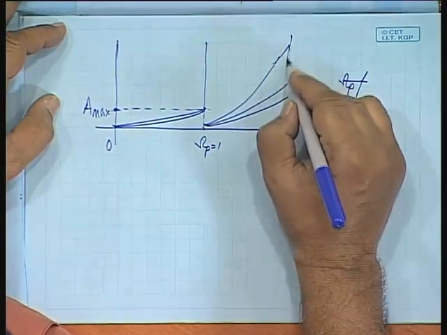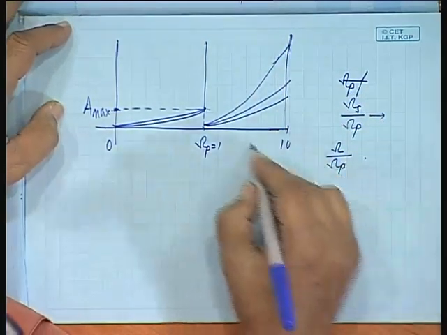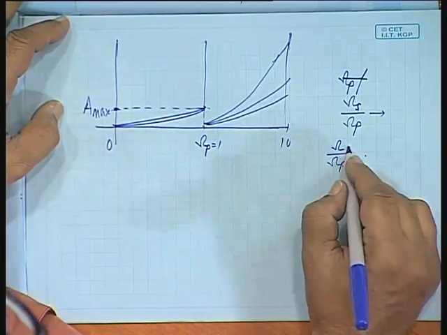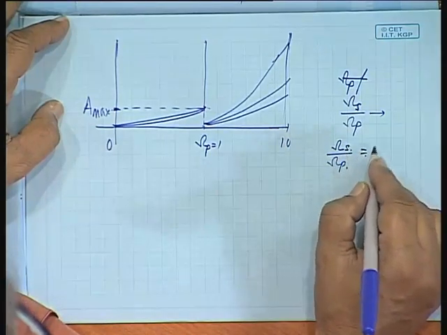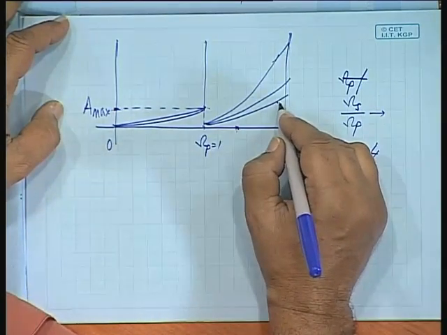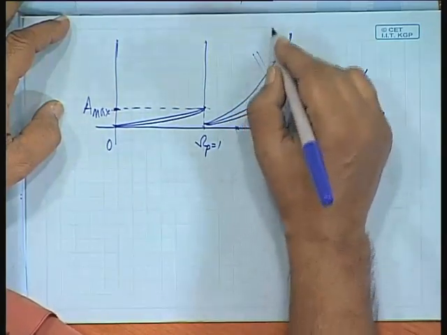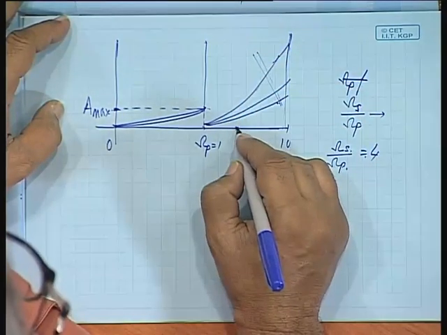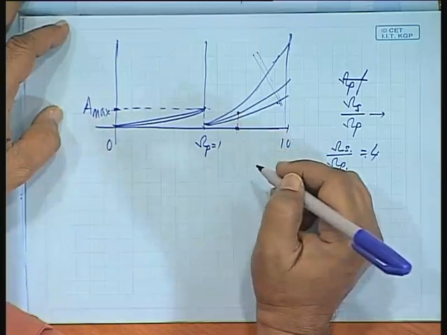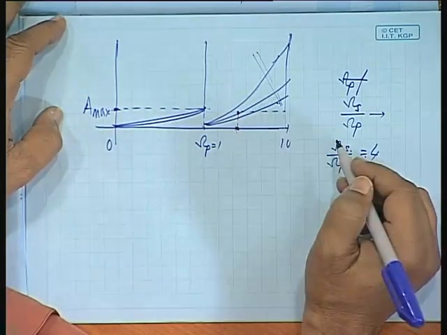in the stop band you have the plots, because omega s will be given, omega s by omega p, suppose the ratio is 4. So, I will go to 4, and for different values of n, as n increases it goes on increasing. So, at n is equal to 4 I can read off that particular stop band dB, that is A minimum.